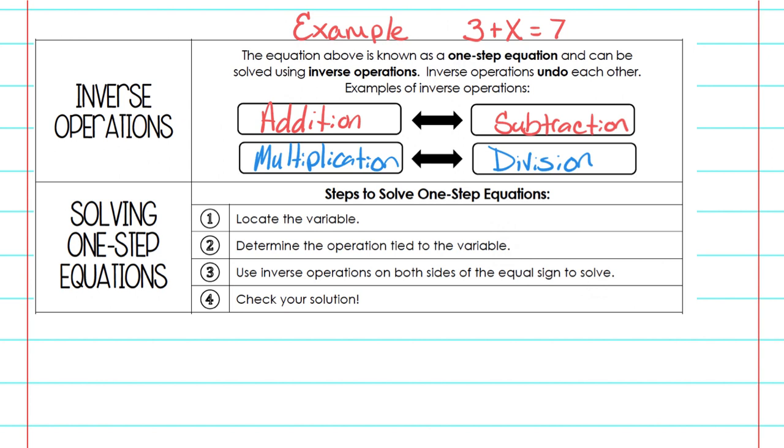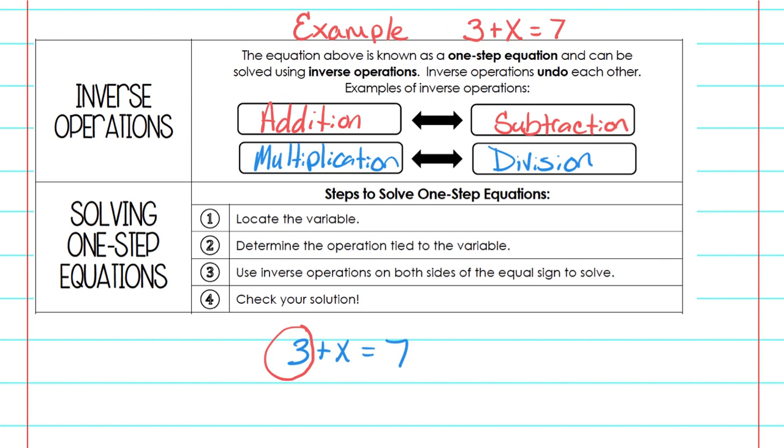So on the next slide, I'll show you what that means, but we always want our x on one side, and we want it to have a positive in front of it, and we want all the rest of the numbers over on the other side of the equal sign. So the example we have up here, 3 plus x equals 7. Some of you probably know that in your head already, but if I have 3, well, if there's no negative sign, it's positive.